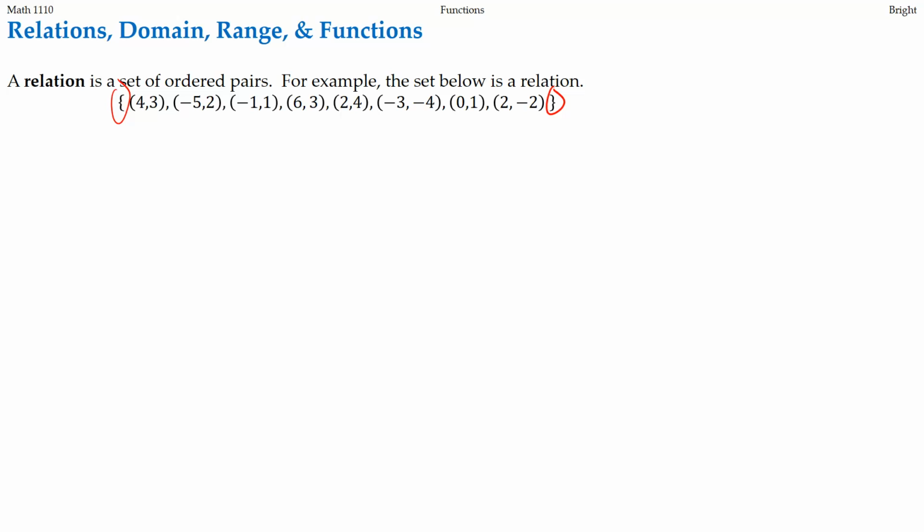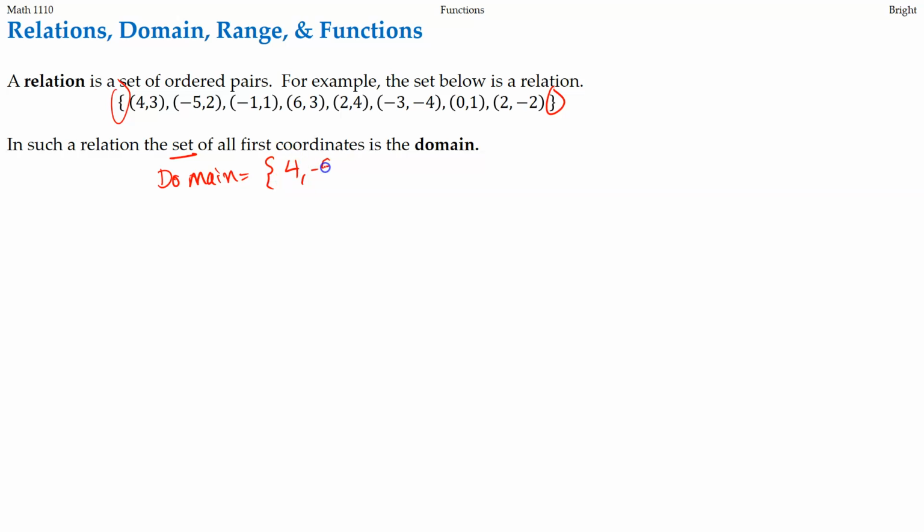If we look at this relation, the set of all first coordinates in the relation is the domain. This is a set, so the domain is going to equal 4, -5, -1.